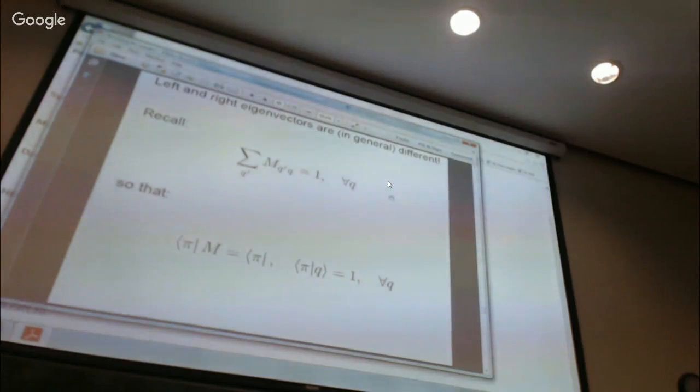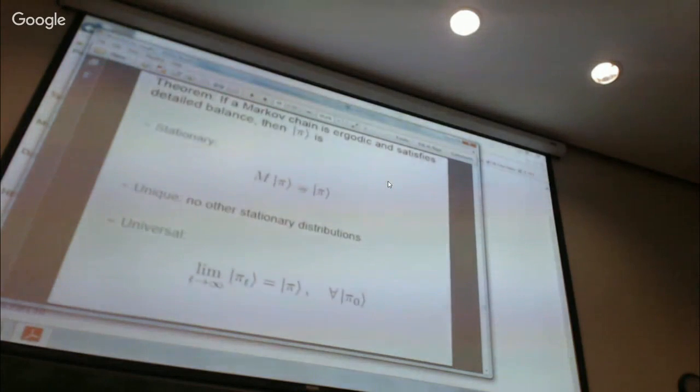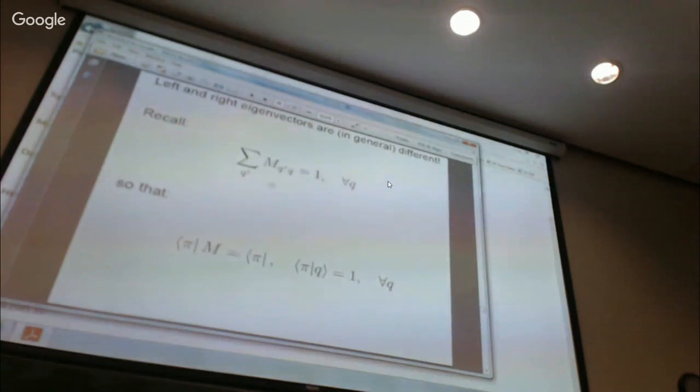Obviously, this stationary state here can be viewed as a right eigenvector of the Markov matrix with eigenvalue 1. That's the defining equation. Generally, left and right eigenvectors are different.